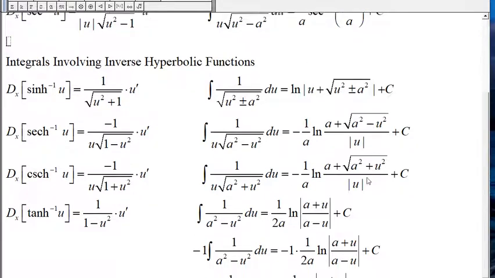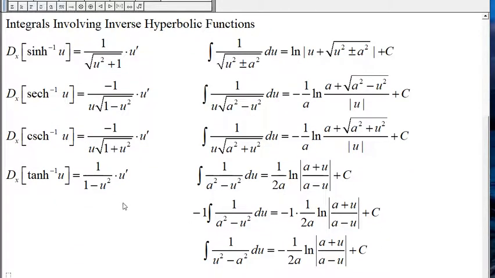That's the only difference. The last formula: we have seen that the derivative of the inverse hyperbolic tangent is 1 over 1 minus u squared, and then we get this formula right here. From here we could also extend it if we multiply both sides by negative 1. Multiply the left side by negative 1, and the right side by negative 1.